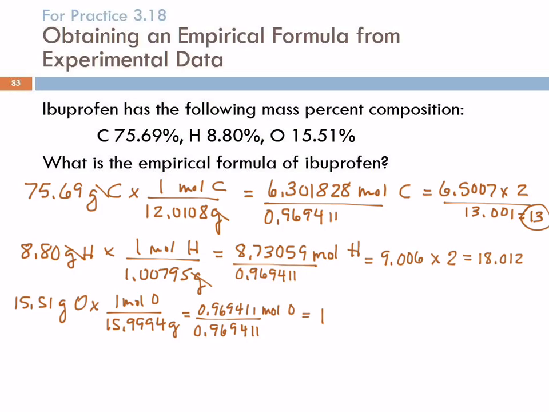Close enough to round to 18. And then this guy, times 2, that's going to be 2. So those are my subscripts then. So this is carbon 13, hydrogen 18, oxygen 2.